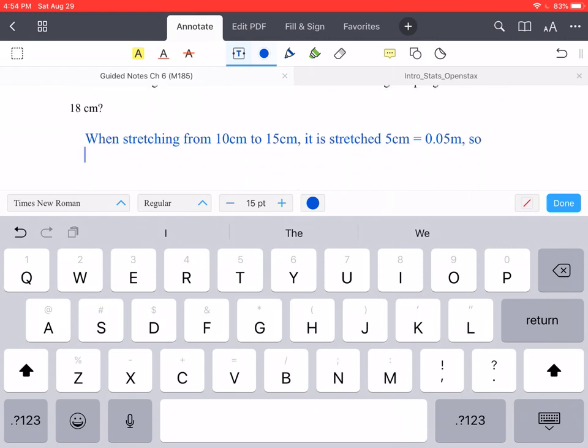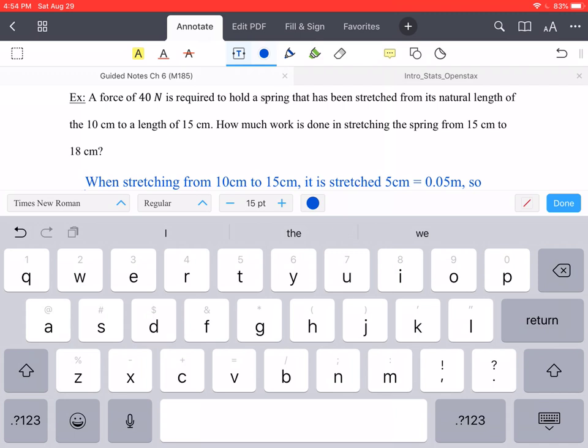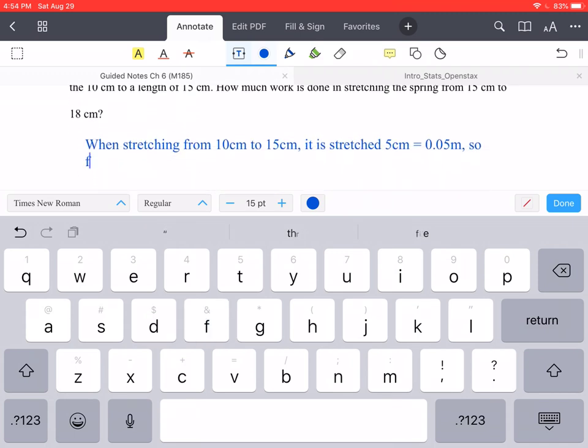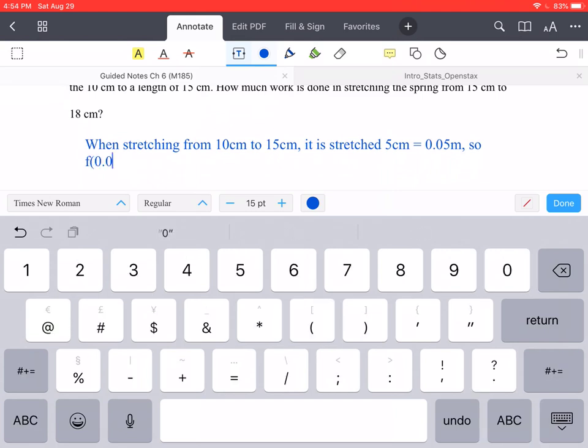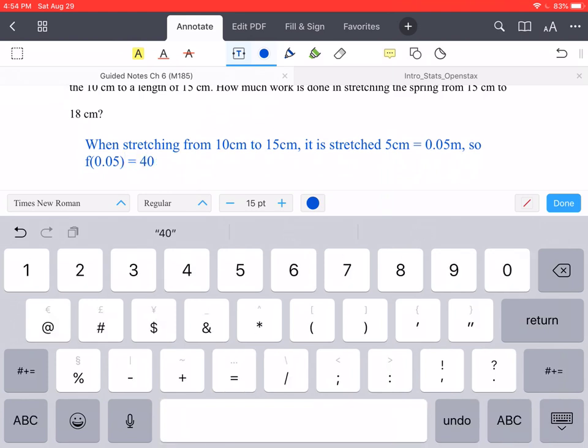So the force was 40 newtons to move it that far. So we have F of 0.05, where 0.05 is the x value, and the force required is 40.